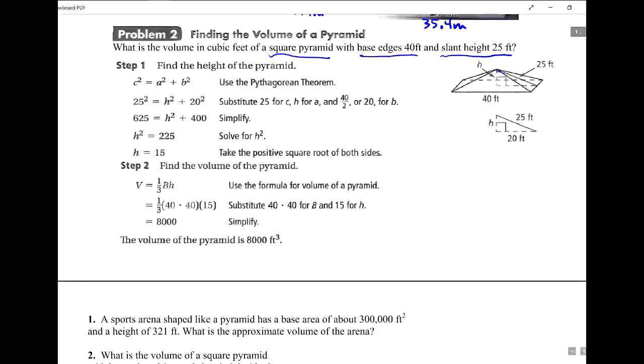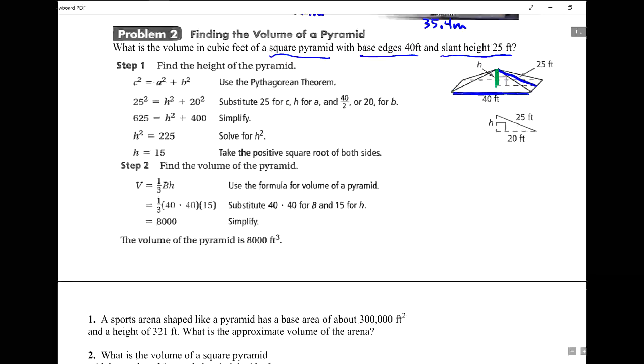So we know we have a slant height. That's the height of our triangular face. And we know we have a 40-foot base edge. So what we're going to do, we need the height of the pyramid here for our equation.